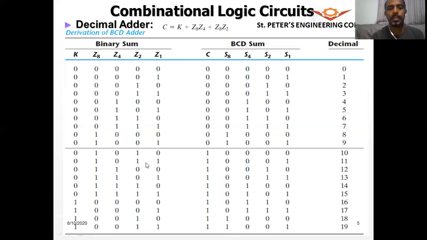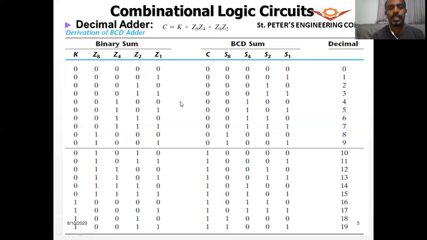For these 4 combinations, Z2 varies, Z1 also varies, but Z8 and Z4 do not vary. So from the Karnaugh map, Z2 and Z1 will be eliminated because they vary states, whereas Z8 and Z4 will not change, so they are retained.